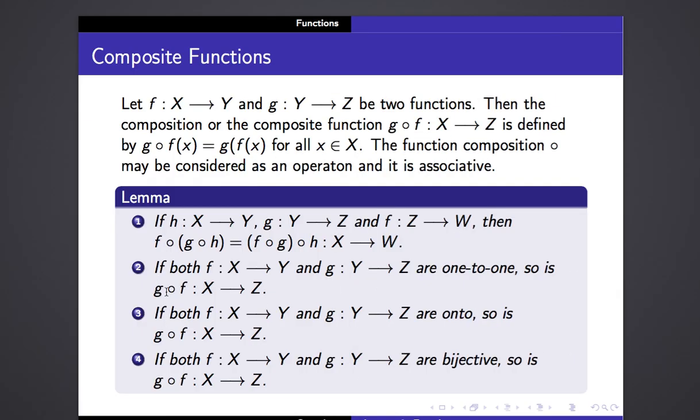Okay, so now let's move to the next lemma. If both a function f from x to y, and another function g from y to z are one-to-one, so is the composite function f followed by g, which is going from x to z.